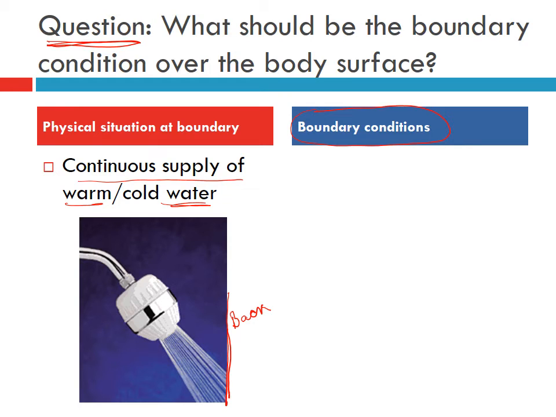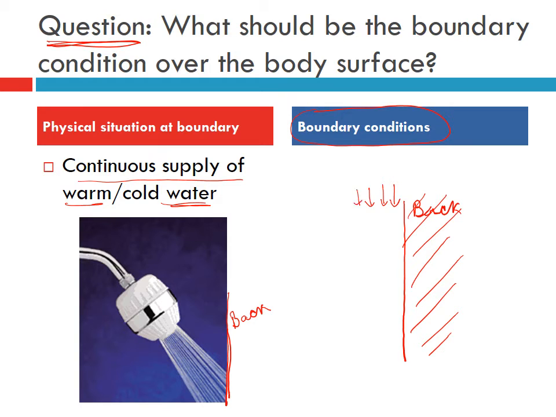So here is the answer, or one of the possible answers. If this is your back, and there is water flowing this way, I do not know what the back temperature is. What I know is the warm water temperature and maybe the h value at the back, depending on how the water is flowing.